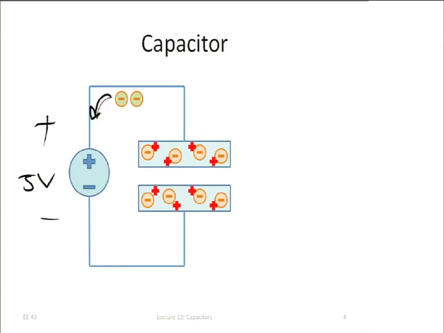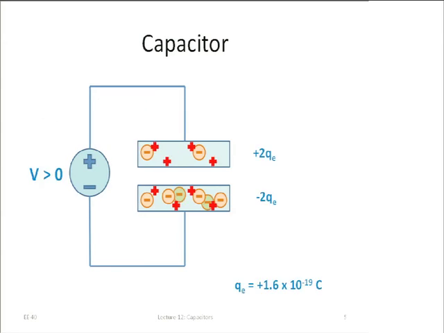Don't worry too much about that direction, but it happens to be this way. So what is the situation going to look like now? Well, these two electrons took off from here and ended up down here. Suddenly we have two electrons missing in the top chunk of metal, and we have two additional electrons in the bottom part of it.